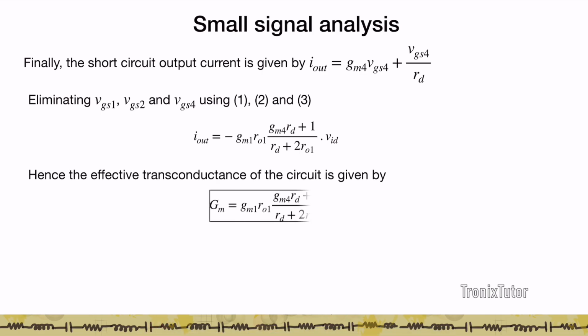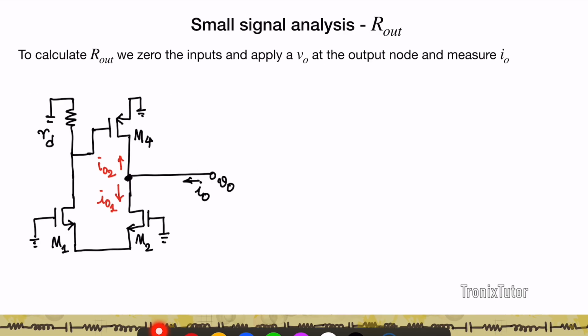Or in other words, the effective transconductance of this circuit, which is I out by VID, is given by GM1 into R1 times GM4 RD plus 1 divided by RD plus 2 R1. So the effective transconductance is not just GM1, but it is also related to some of the other resistances in the circuit.